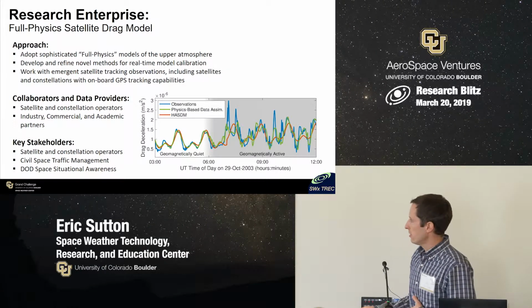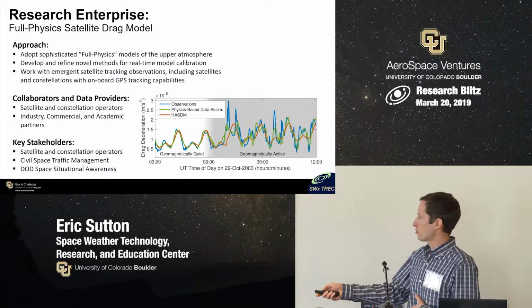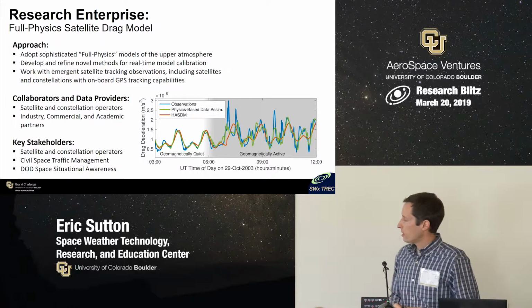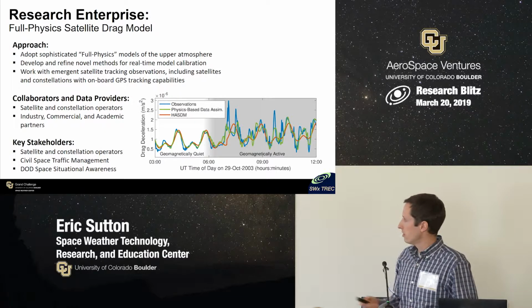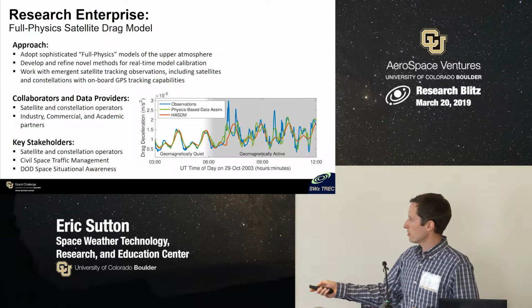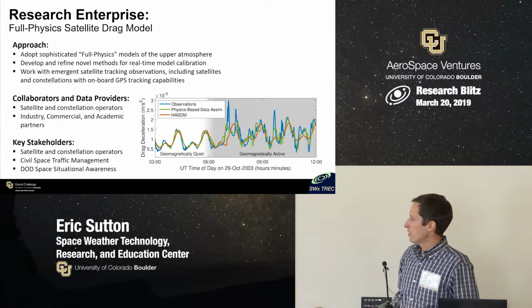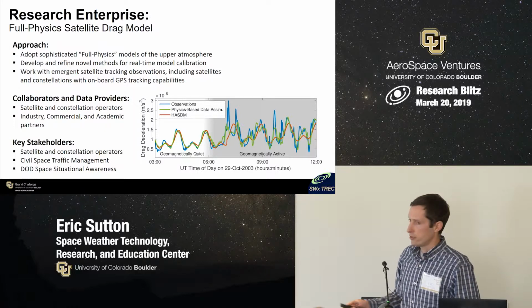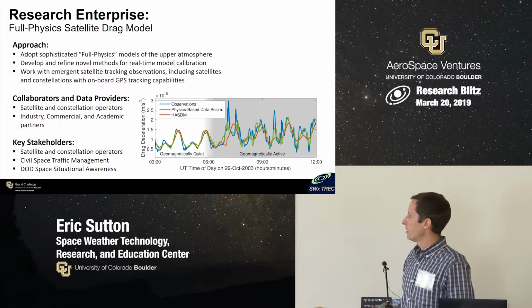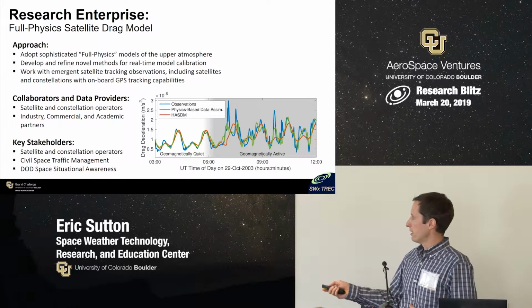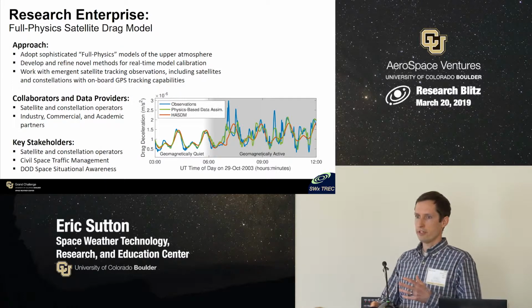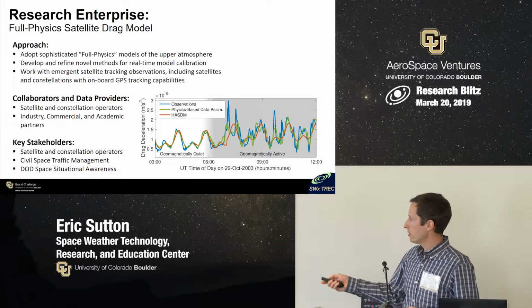Here's an example I'm showing in this plot over to the right of observations on board a LEO satellite in blue, the current operational baseline in red, and our model in green. You can see all three of these line up pretty well during the quiet period to the left.